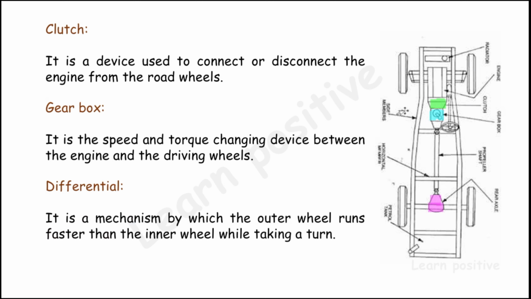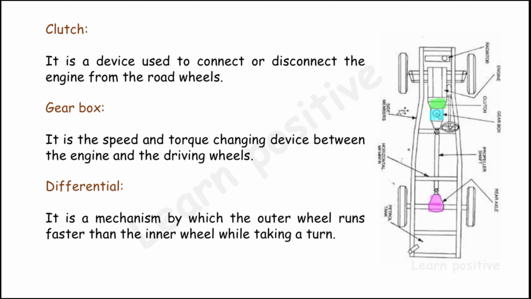Because of that, the load is on the left side, the inner wheel, and there is less weight on the outer wheel. In that position, the differential recognizes it as a turn and gives less power to the inner wheel, the left wheel, and more power to the right wheel, the outer wheel. Due to this, the inner wheel rotates at lower speed and the outer wheel rotates at higher speed. The vehicle turns smoothly to the left.